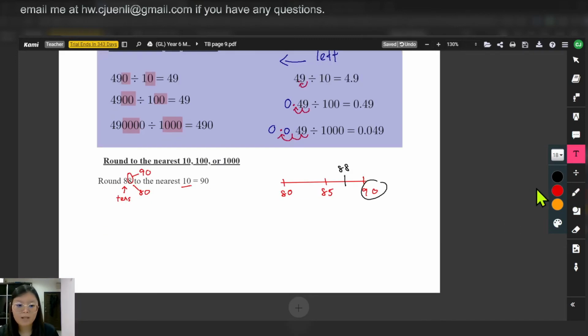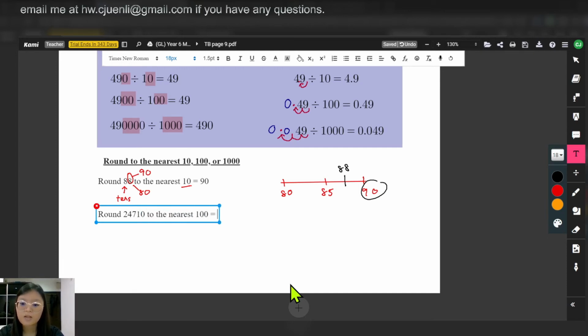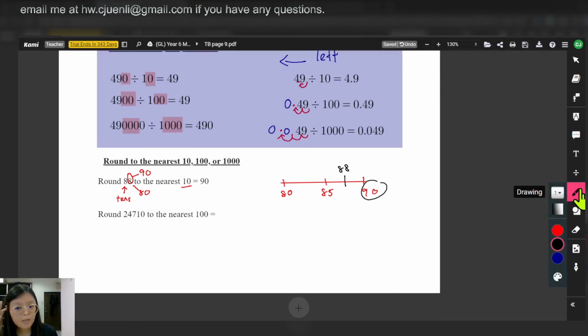How about when there's a bigger number? Let's say round 24710 to the nearest 100. So over here, how can we actually see it?